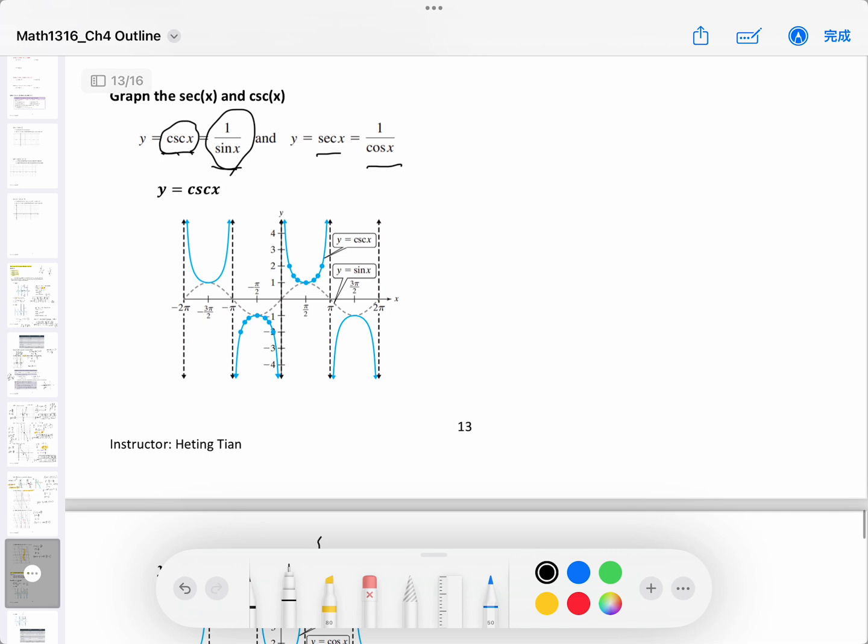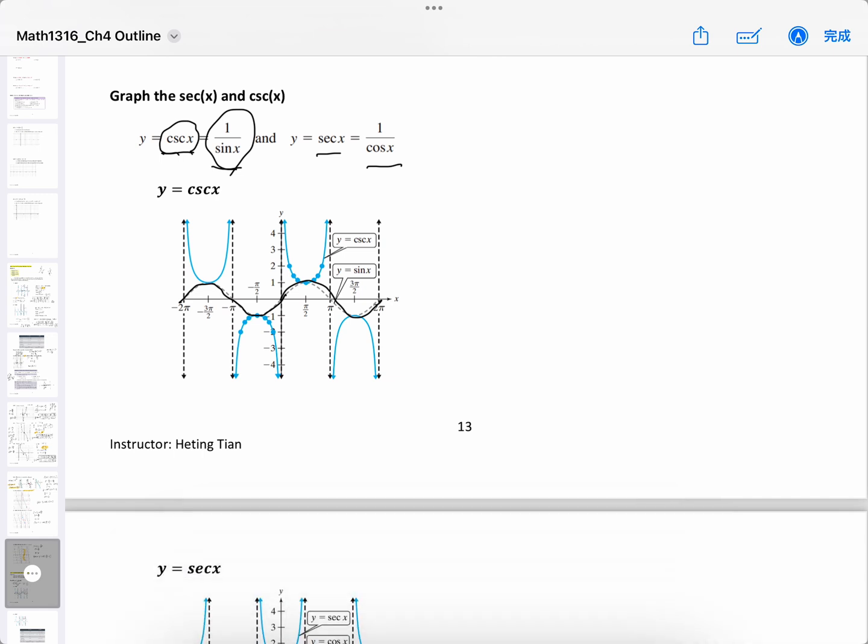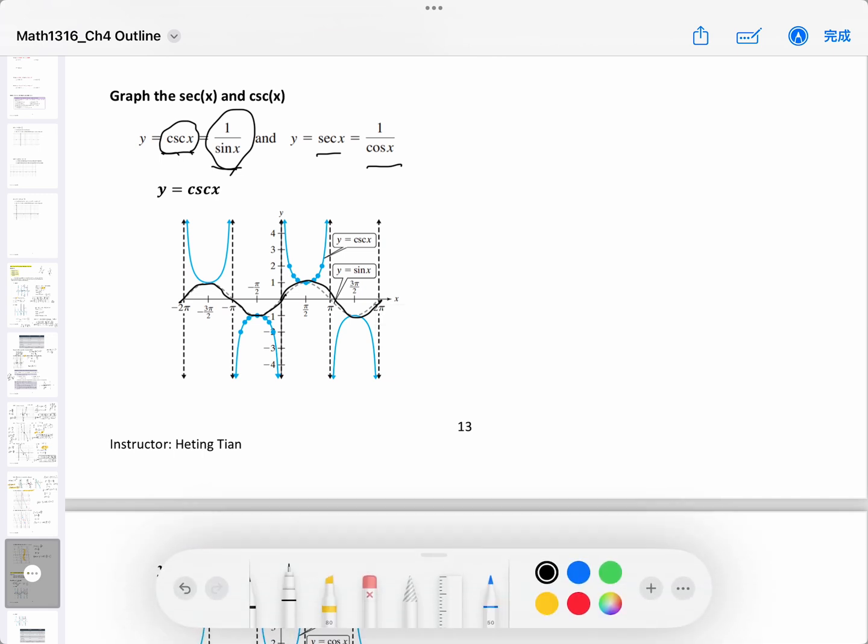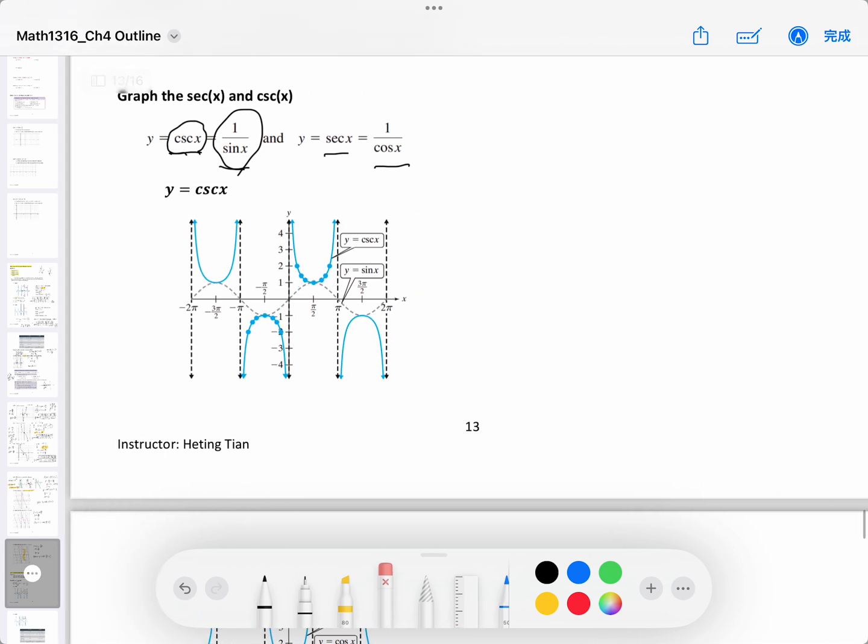If I can graph a sine function, I know that one full cycle is from 0 to 2 pi, and I can keep graphing more cycles. The reciprocal of sine is cosecant. At the x-intercepts of the sine, I can draw vertical asymptotes.